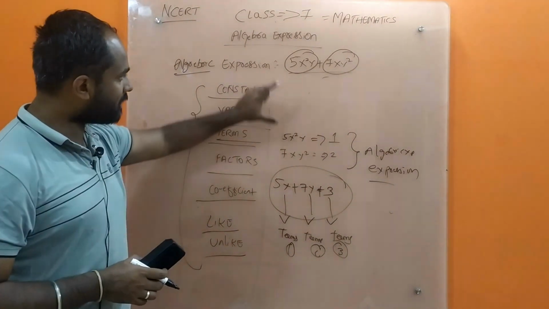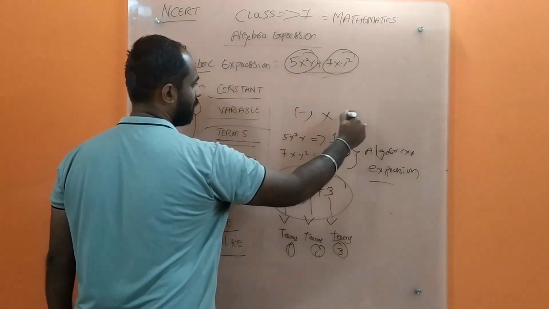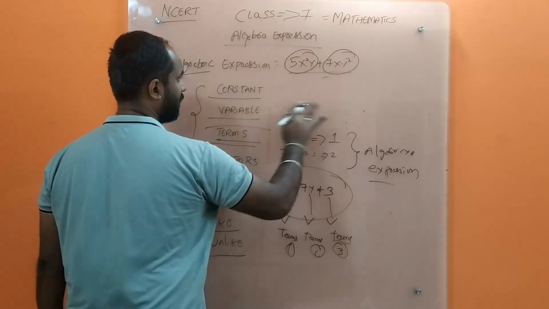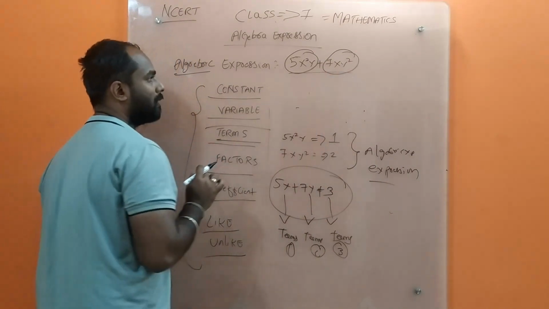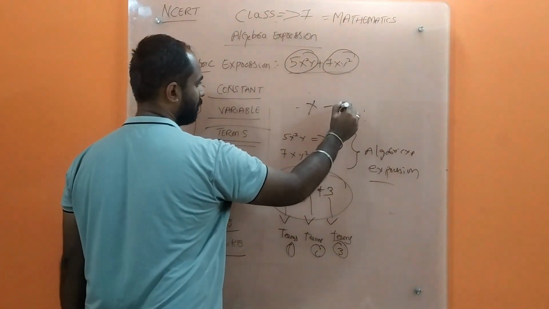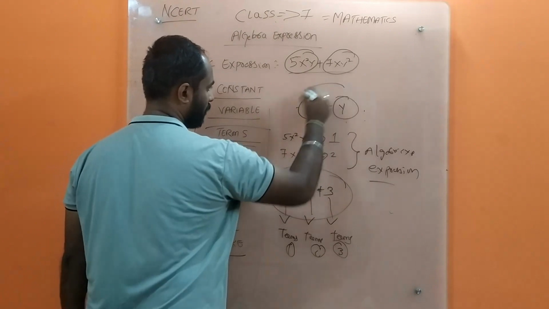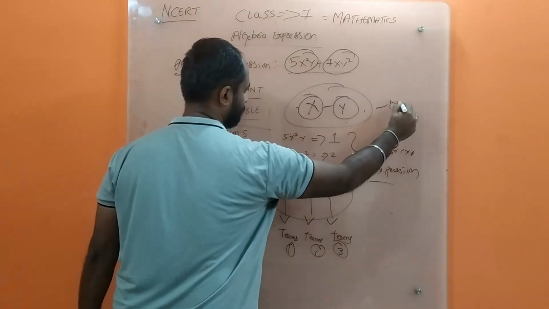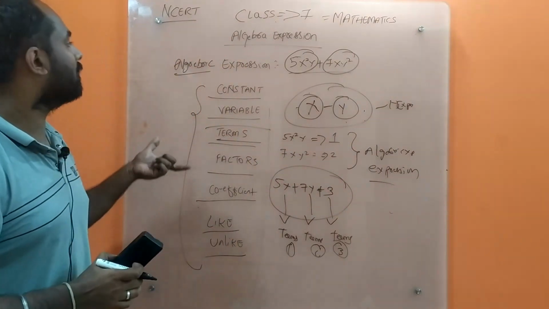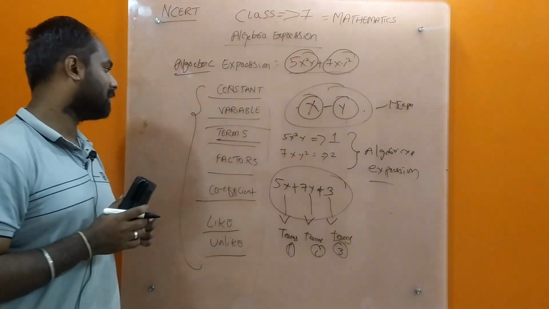Each term may be separated by a minus symbol or an addition symbol, whatever the symbol is. For example, x minus y: this is one term, this is one term, and put together it is one expression. So an expression is formed by terms. This is a simple example for terms.